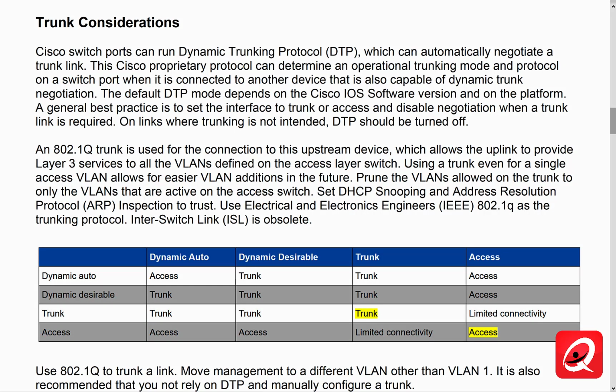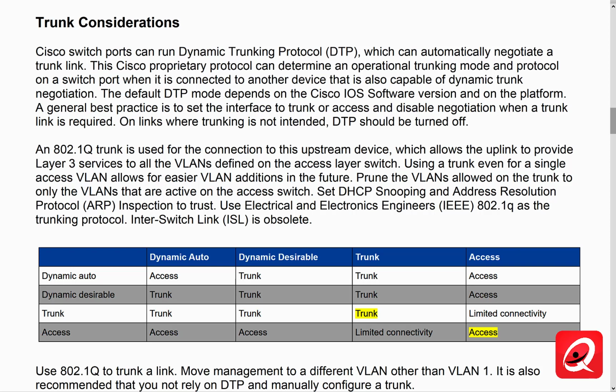And so in most cases, we like to statically configure our ports either as a trunk or as an access port, and we don't allow that negotiation. There's a very common type of layer 2 attack in most enterprise networks called a VLAN hopping attack. Think about it. If I'm running DTP on an interface and a host is plugged into that interface, all they would have to do is load up an application.